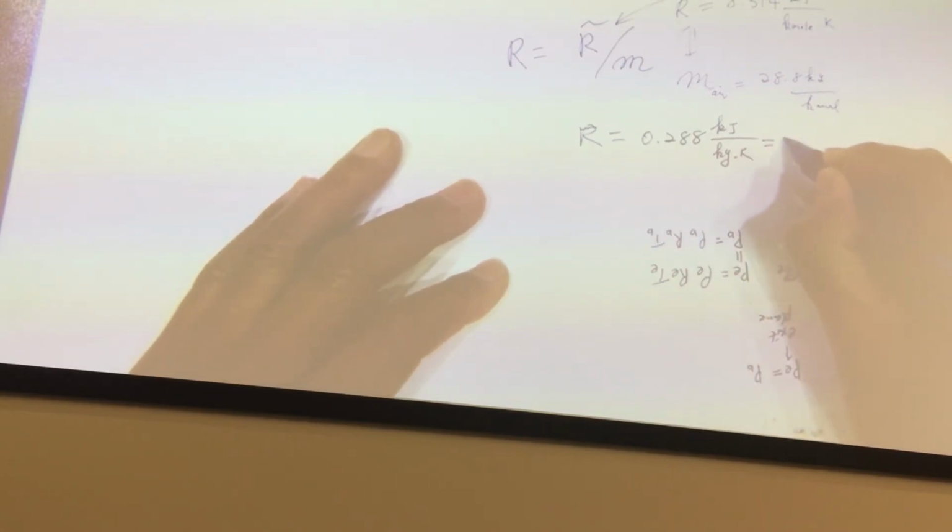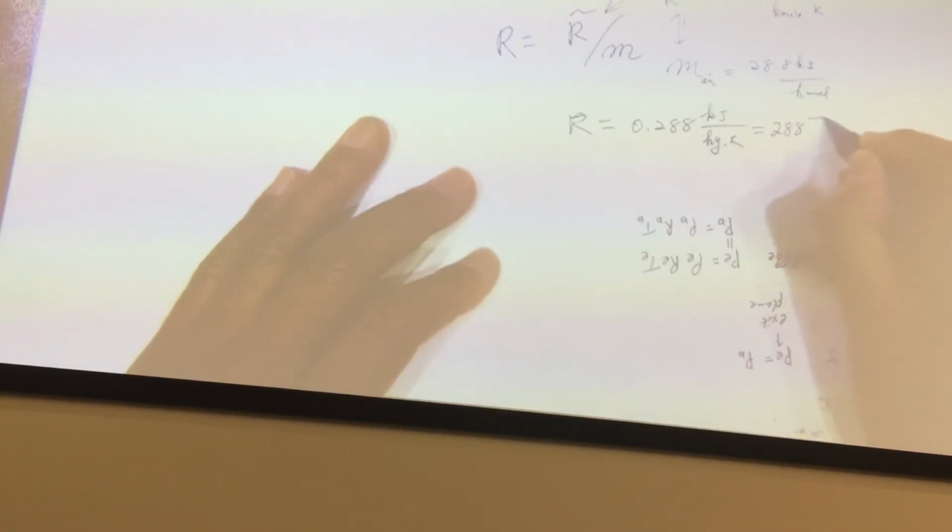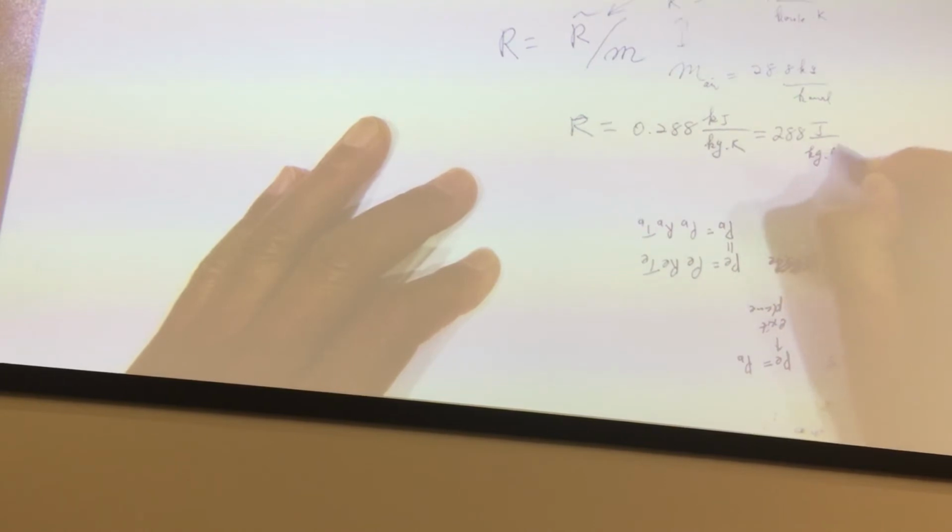This is equal to 288 joule per kilogram per Kelvin.